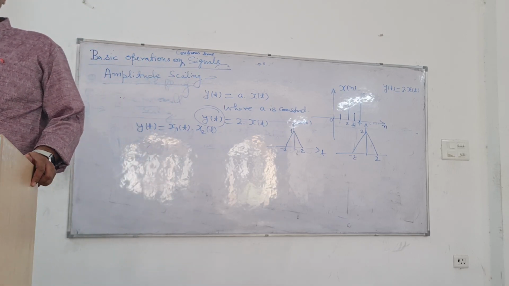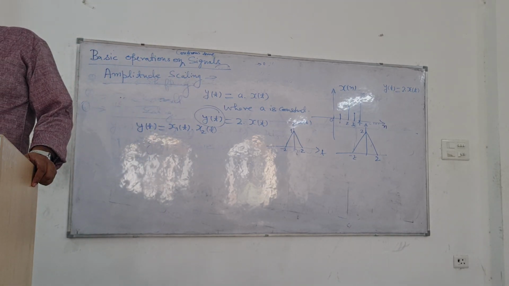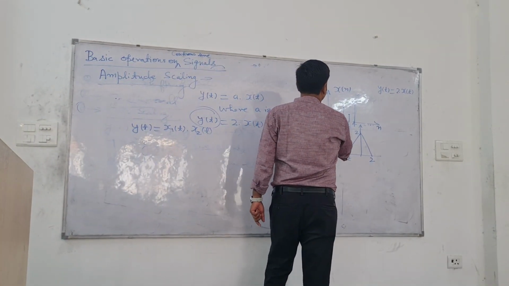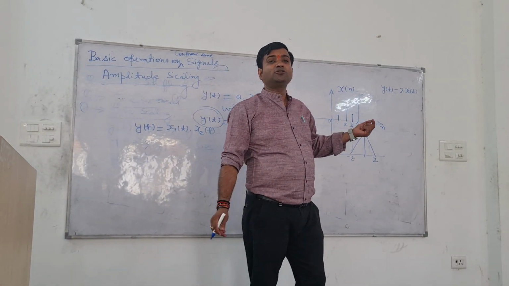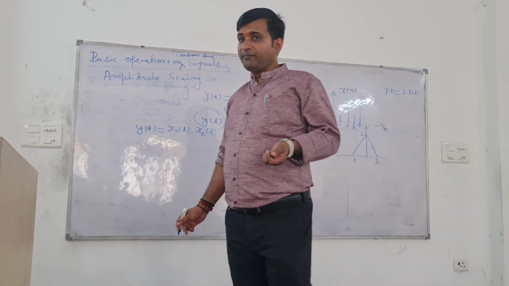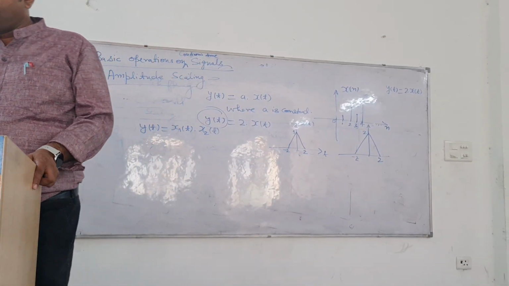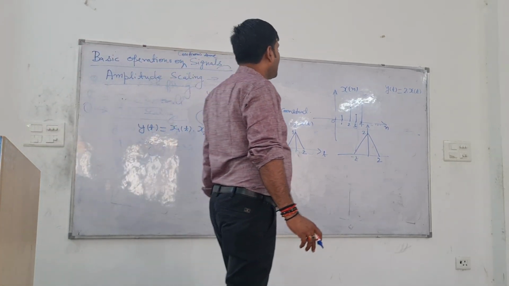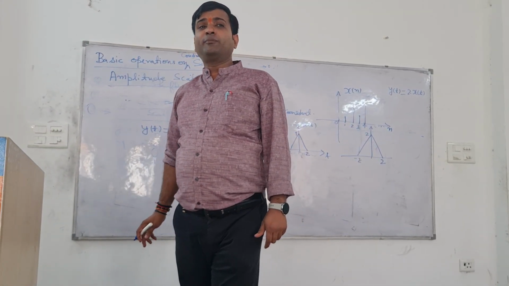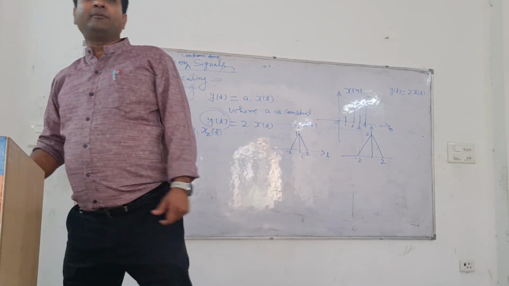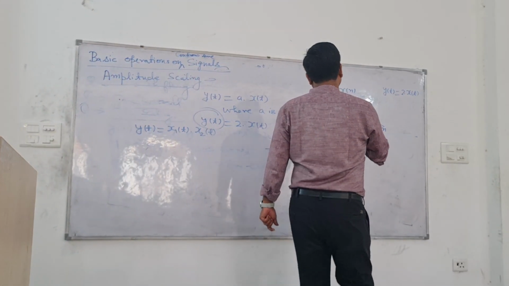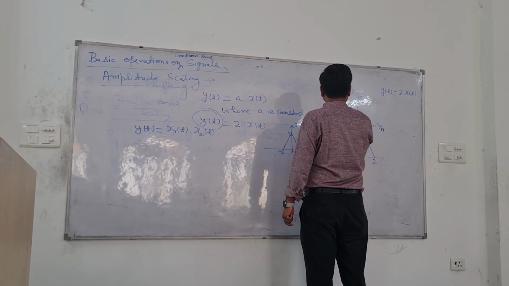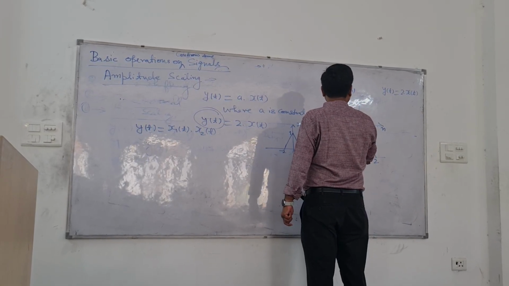At sample 0, n is equal to 0, x[0] is 0. Here the x[1] value is 1, at x[2] the value is 2, at x[3] it is 1, at x[4] it is 4. You have defined the labels like 1, 2, 3.